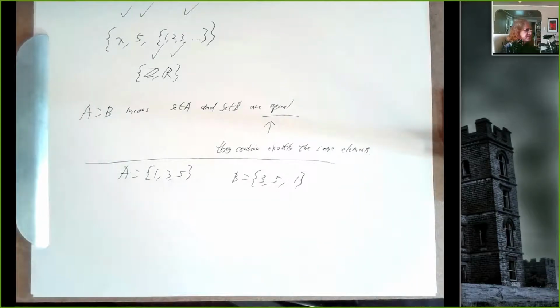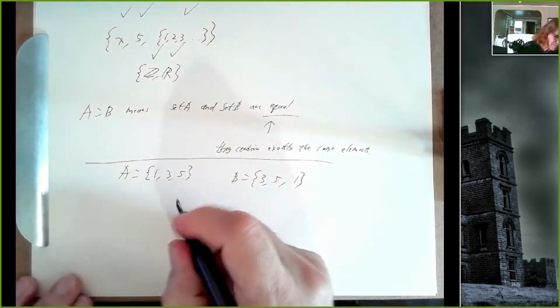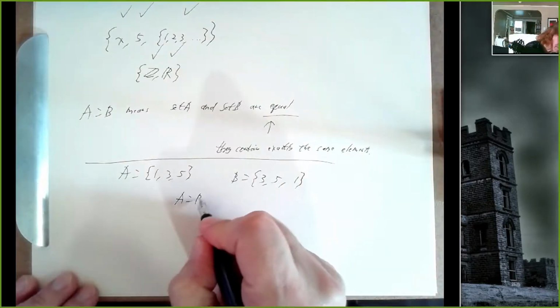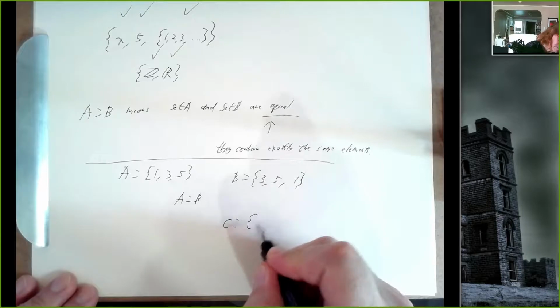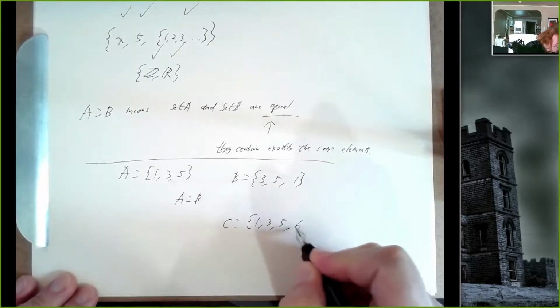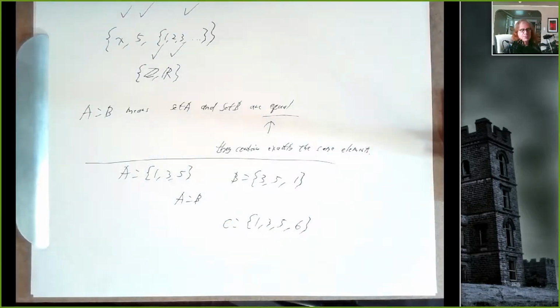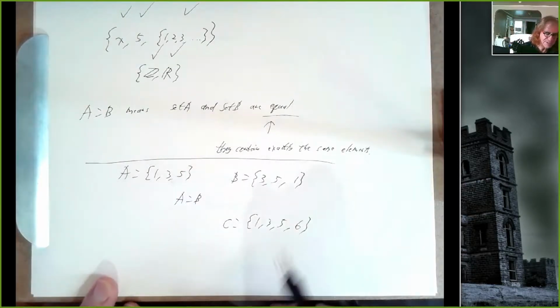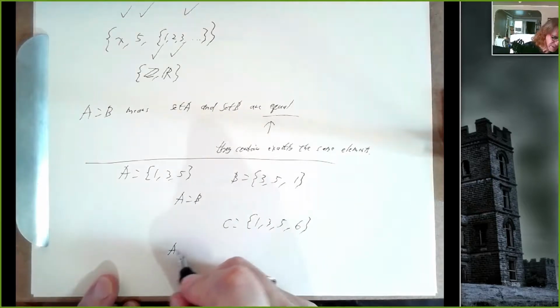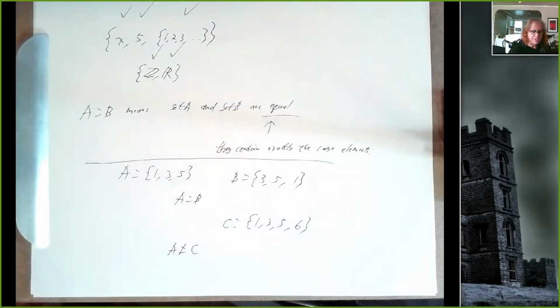Those are the same set. If C equals 1, 3, 5, and 6, then A and C are not the same set, because this contains 1, 3, 5, but this contains 1, 3, 5, 6. So we write A is not equal to C.